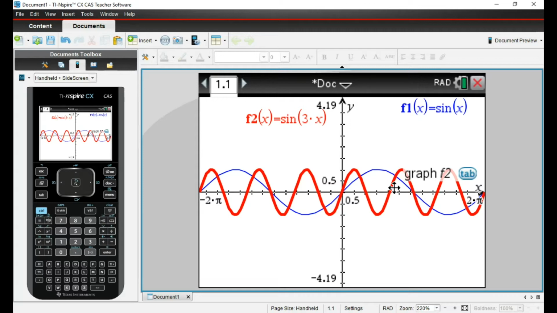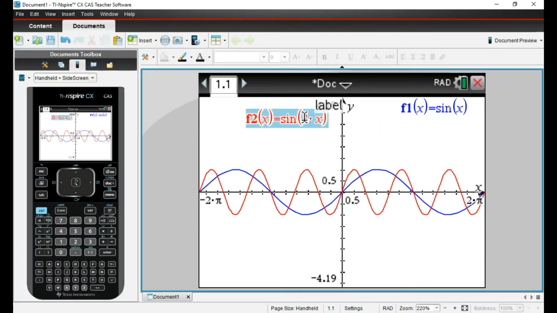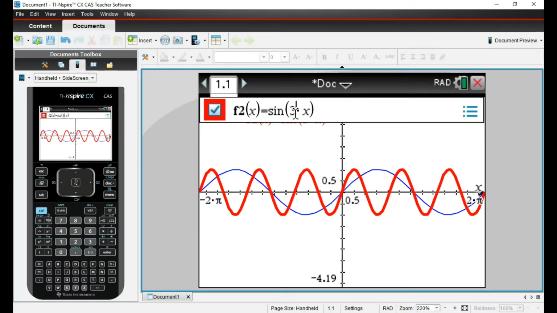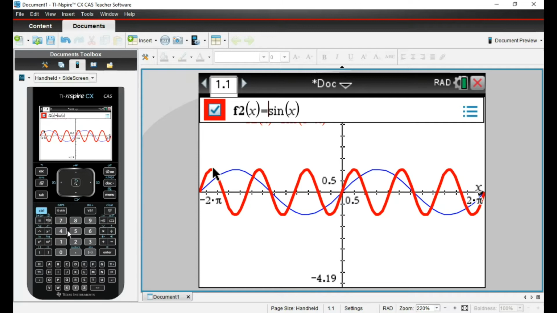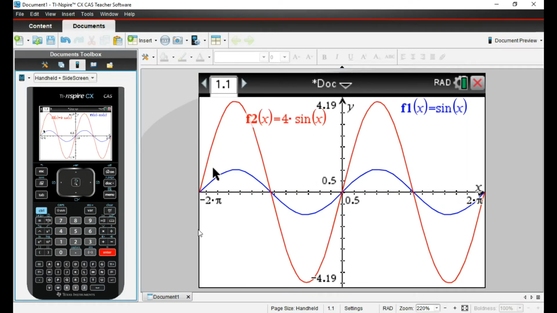The smaller the number in front of the x, so let's say that instead of graphing sine of 3x, I wanted to look at 4 sine of x. So that doesn't change the compression, that just changes the height, right?